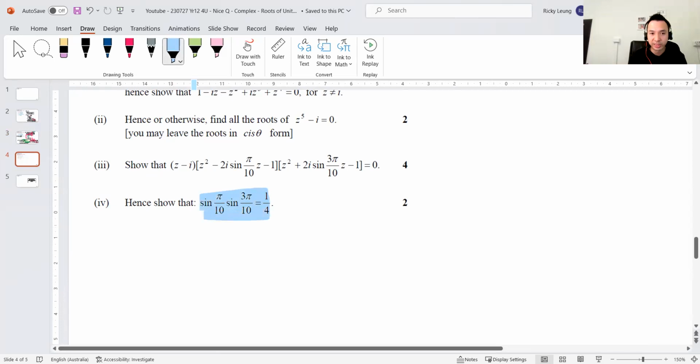Now, once you get this part, how do you then use it for this part? Feels like I'm going to compare coefficients, right? So for part 4, since I've demonstrated the factorization of z minus i, from part 1 they get z^4 plus i z^3 minus z^2 minus i z plus 1.